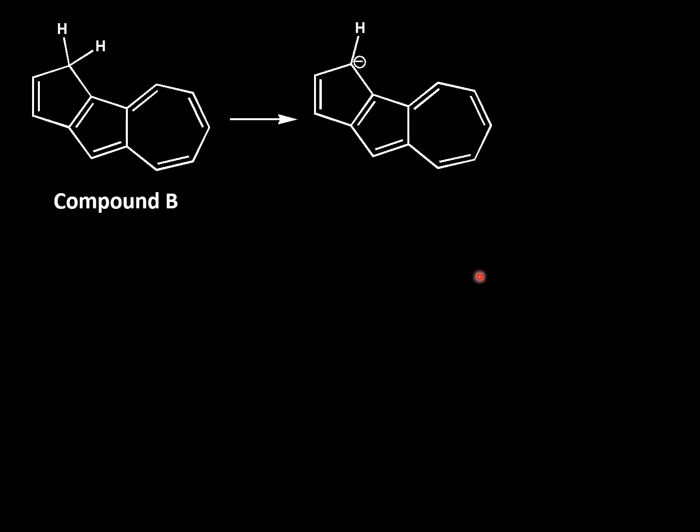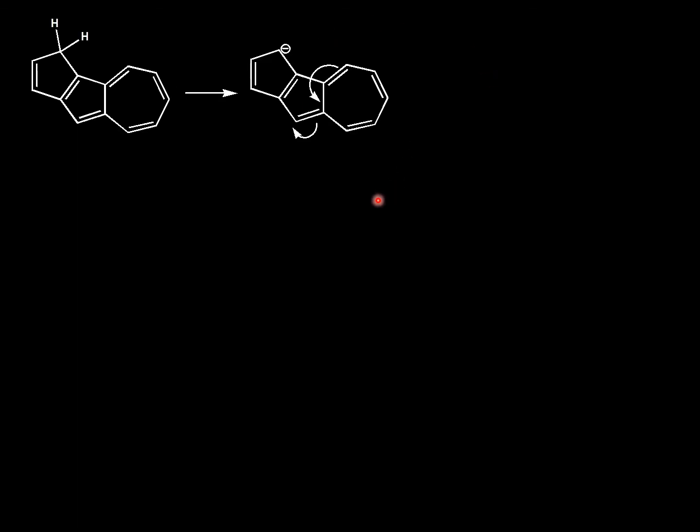Coming to compound B, this is the structure of the conjugate base that is formed. You will try to draw a similar kind of dipolar resonance structure, focusing first on the azulene part, making it dipolar, and once you have all the 3 rings containing 6 pi electrons, you will try to delocalize the positive charge and negative charge.